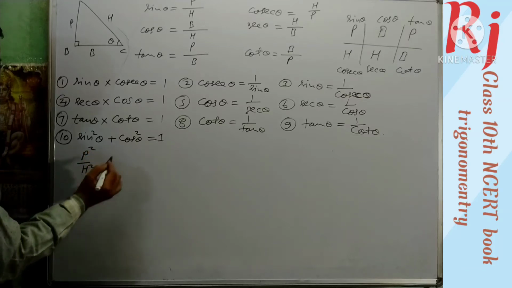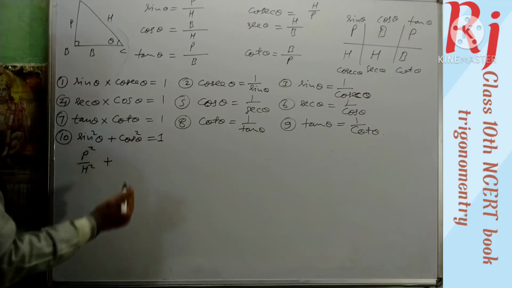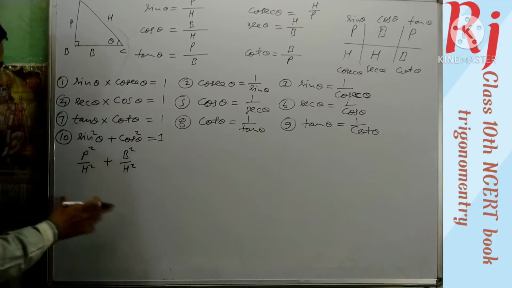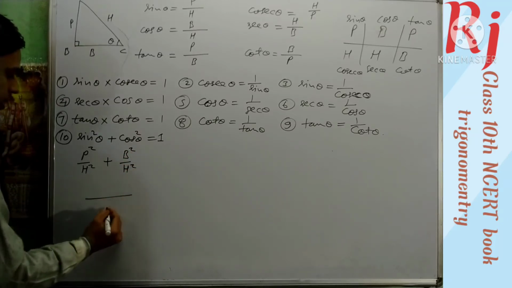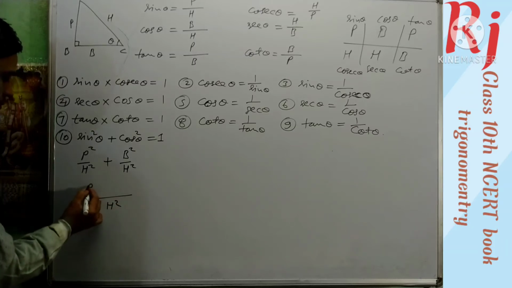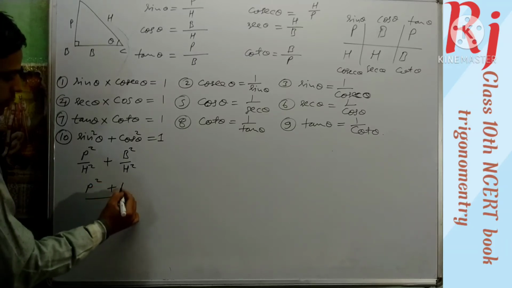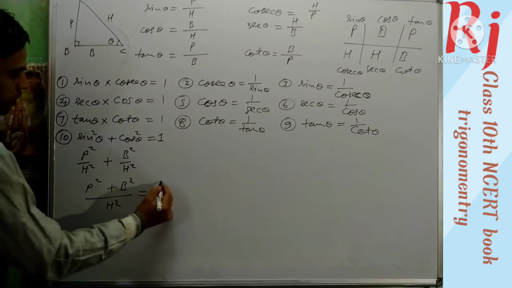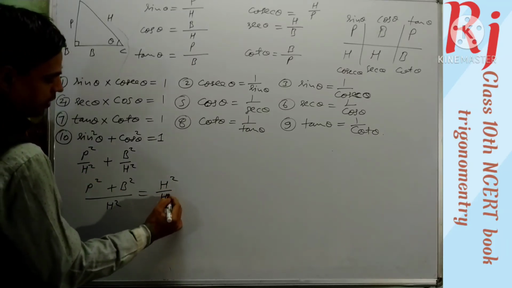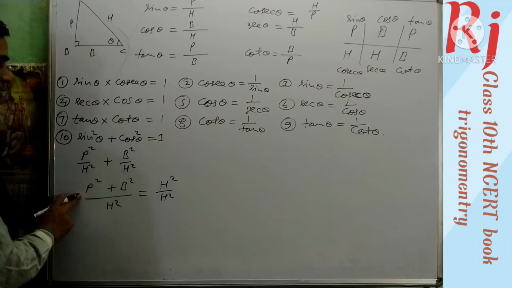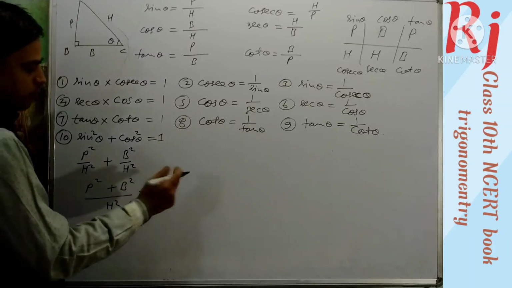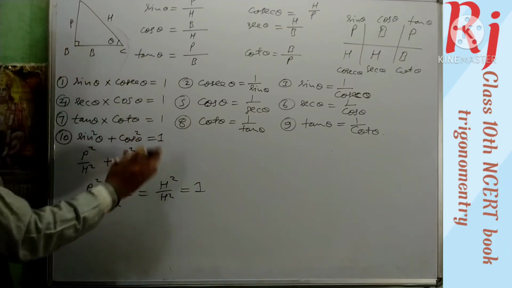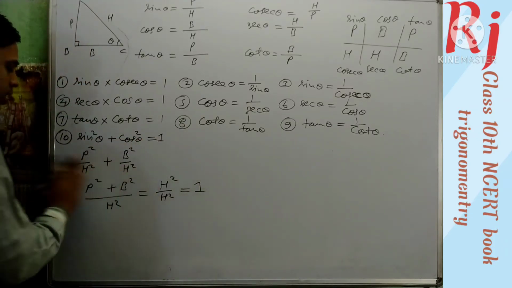Cos theta equals base upon hypotenuse, squared. Then I will take the LCM: perpendicular square plus base square. By the Pythagoras theorem, perpendicular square plus base square equals hypotenuse square, so it will be h square upon h square, that's why it will be 1. So now we have proved this formula.